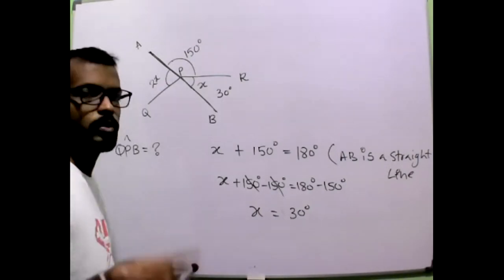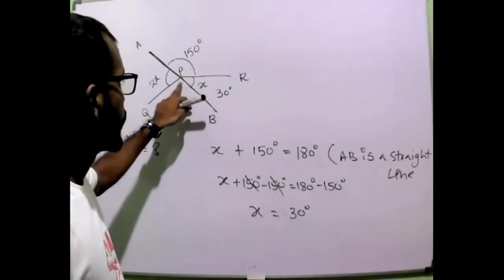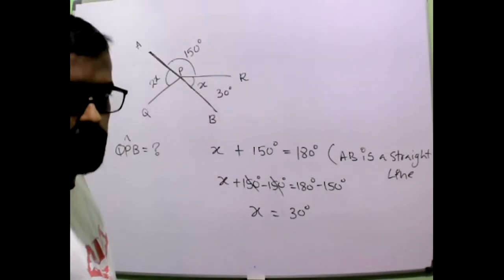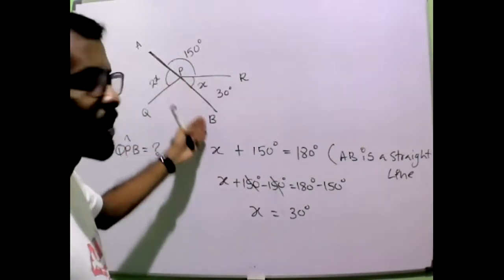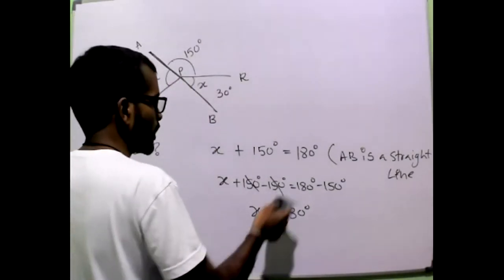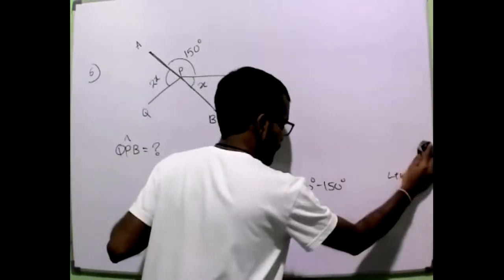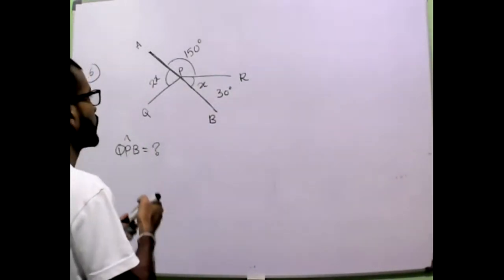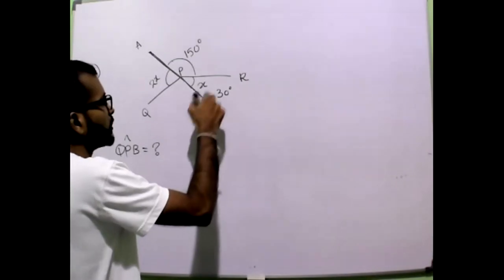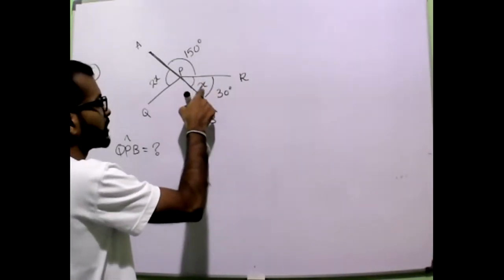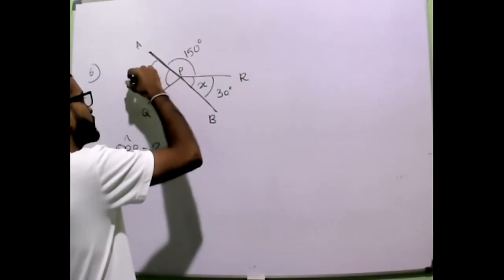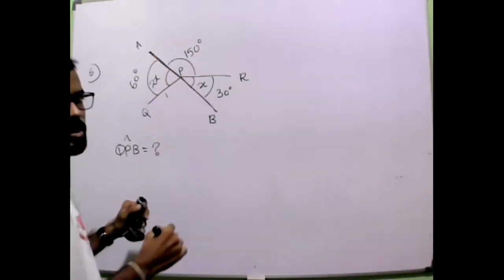Now again you have a point P, and you have four angles. So you can find the value of QPB. I will clear this part because I have already found the value of x. If x equals 30, then 2 times x means 60, right?